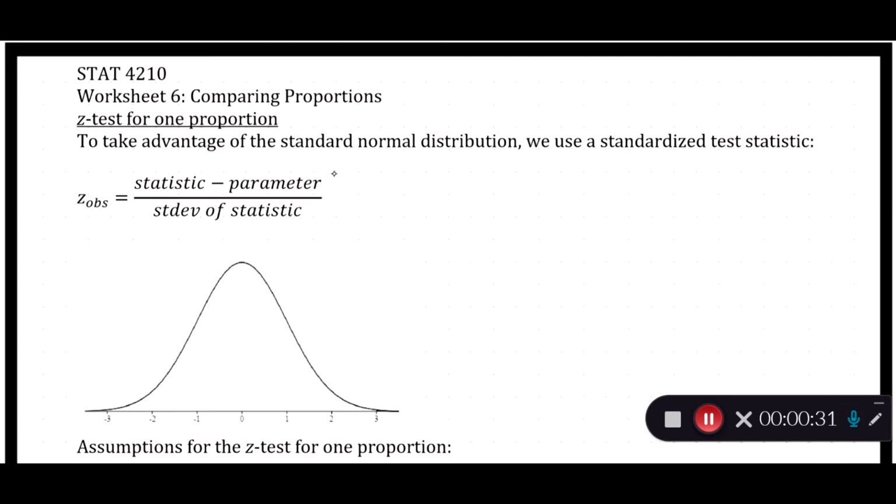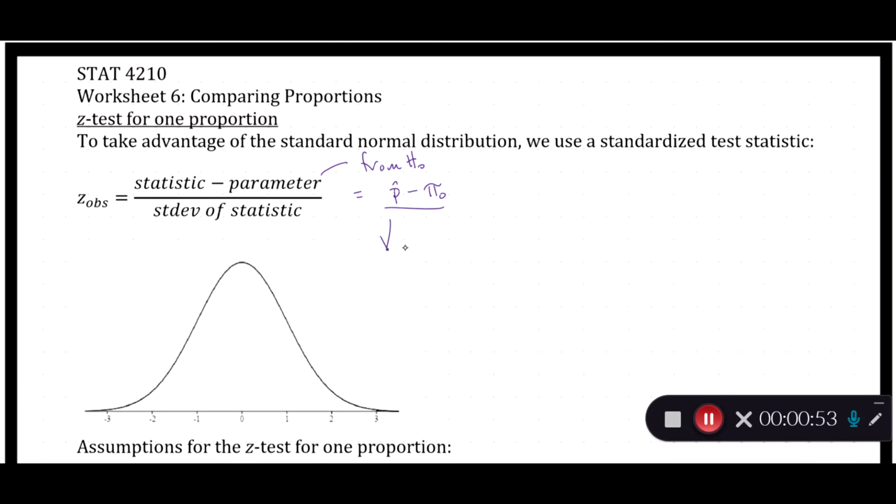And as before, this parameter comes from the null hypothesis. In our case, our statistic is going to be p hat, our sample proportion. The parameter is denoted as pi naught, and the standard deviation of the statistic is the standard deviation of p hat.